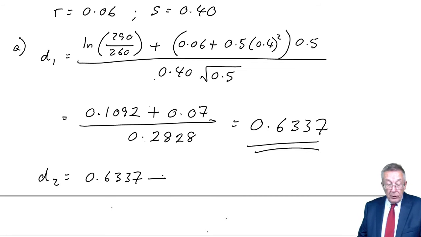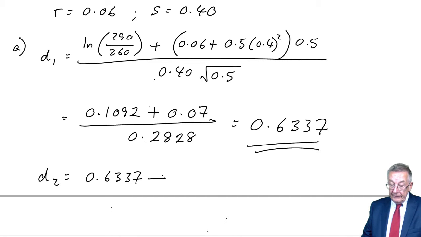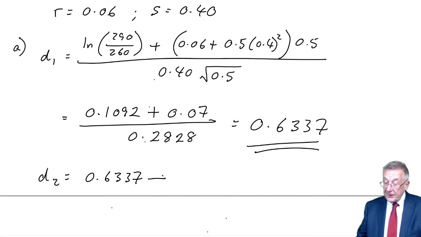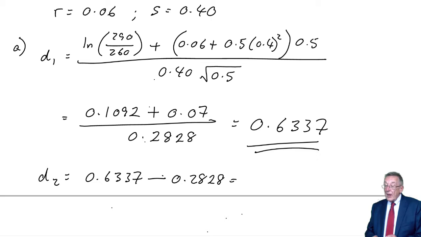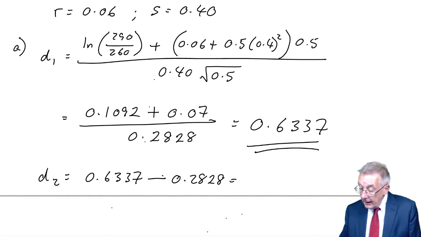S root T is the root of 0.5 times S, 0.4, as I had right before, 0.2828. And we end up with 0.6337 minus 0.2828, 0.3509.